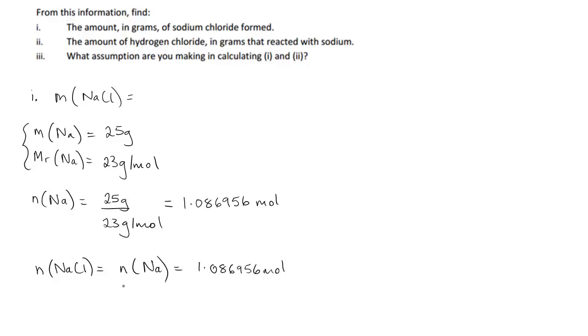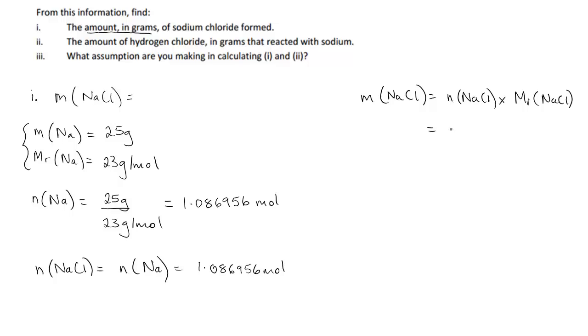Finally, because this question asks us to find the amount in grams of sodium chloride formed, we have to find the mass of sodium chloride. We need to translate the mole back into a mass. To do this, we take the mole of sodium chloride and times it by the molar mass of sodium chloride. You can calculate that from your periodic table.